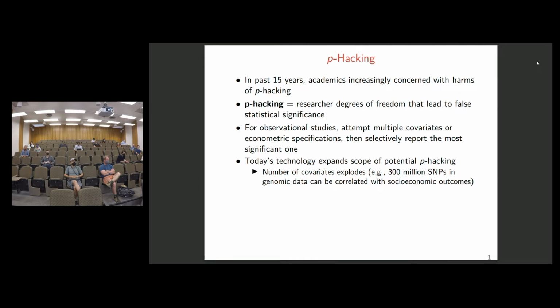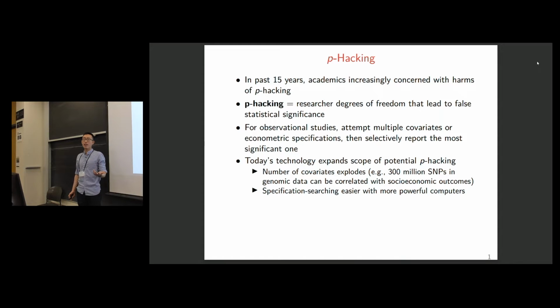It contains something like 300 million SNPs. SNPs are variations in the genome, and each of these SNPs could be potentially correlated with an outcome like educational attainment. Also, nowadays we have access to very cheap and very powerful computational resources. And access to these fast computers makes it very easy to exhaustively search through a large set of specifications, if you so wish.